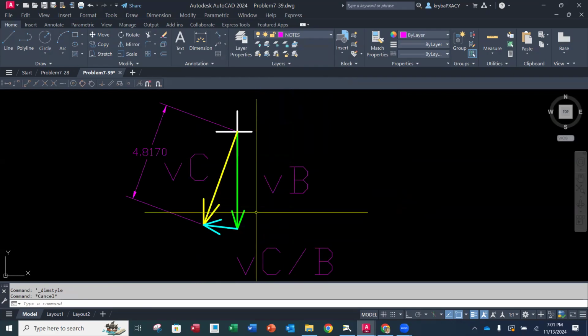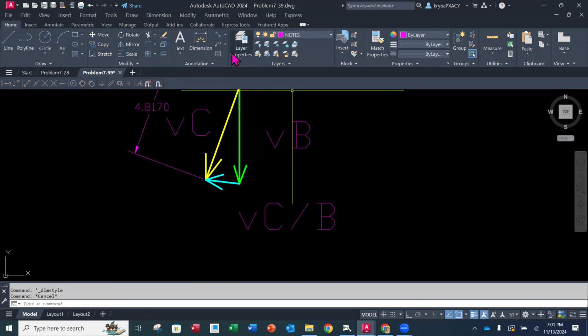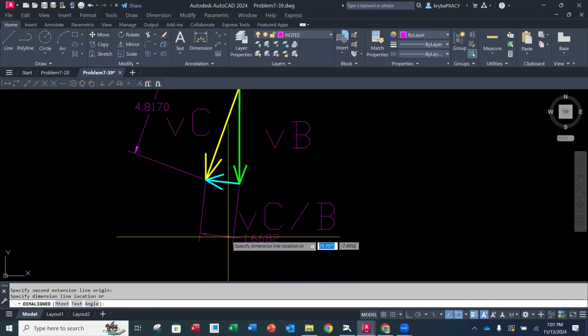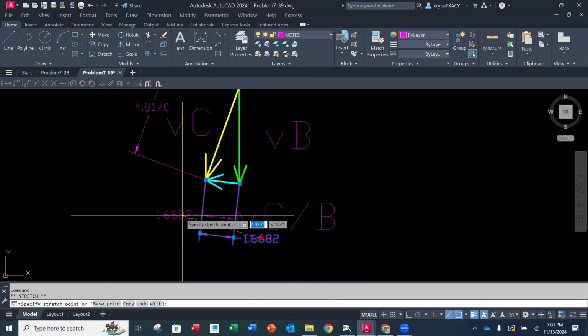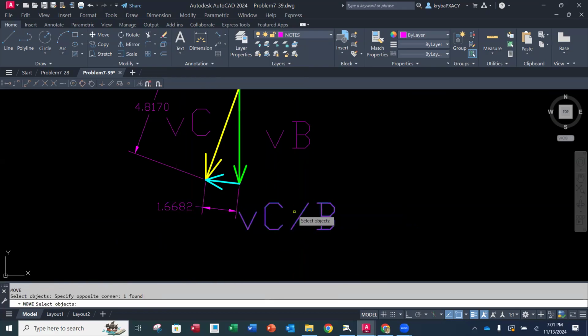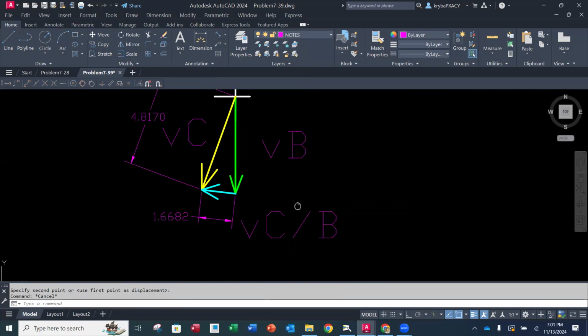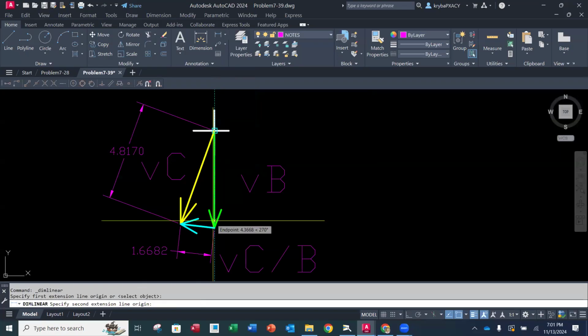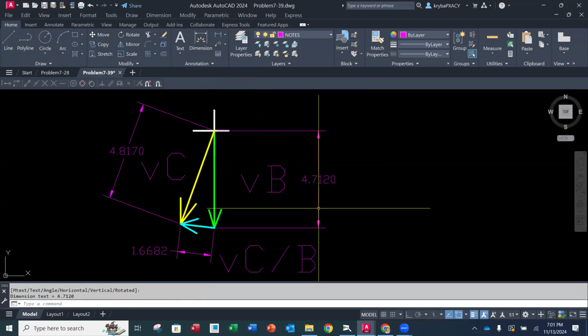And then I'm going to do my measuring of C relative to B because I know I don't need it for this, but I will need it for the acceleration. And then I could dimension my B, might as well add it. It's going to be that one.